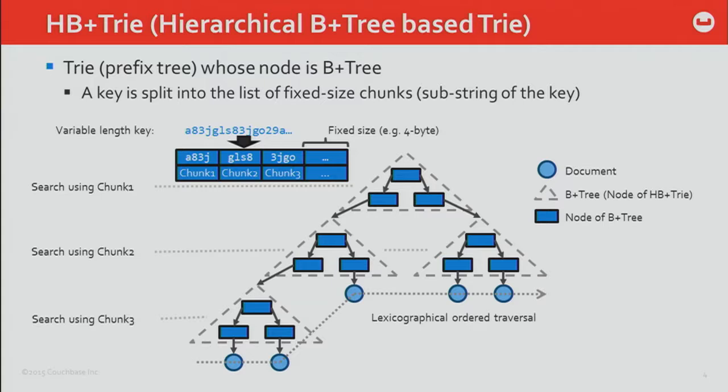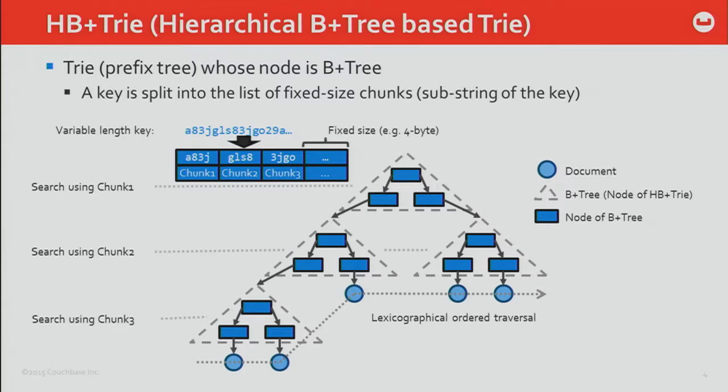For this, we split each key into a list of fixed-size chunks and then construct the first-level B+tree using the first chunk, and then the second-level B+tree using the second chunk, and so forth. In this HB+trie index scheme, each leaf node in the B+tree can point to either the next level of B+tree or actual key-value pairs.